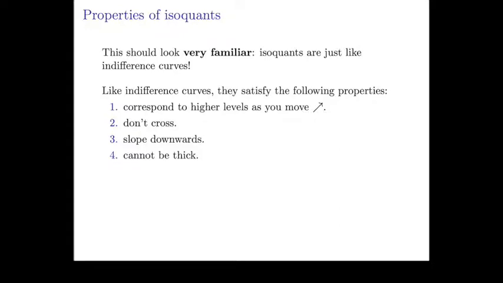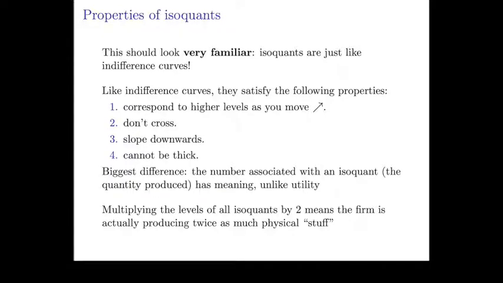They can't be thick, but the biggest difference between indifference curves and isoquants, despite all these similarities, is that the numbers that we associate with the isoquants actually mean something. The numbers we associated with indifference curves were utility levels, and we've talked a lot about how the numbers that we use to represent utility don't actually mean anything. They're not measured in any meaningful units.